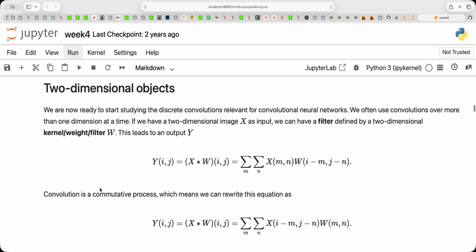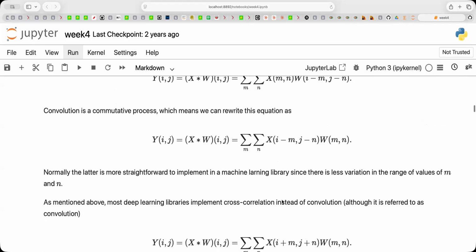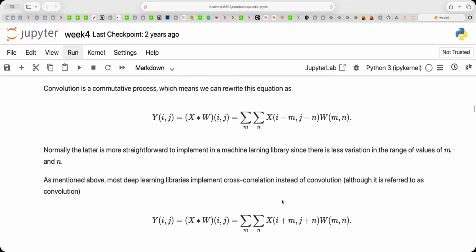You can also, since it's a commutative process, which you saw from the beginning when we looked at this multiplication of polynomials, it doesn't matter when I do polynomial x times polynomial w or polynomial w times x, I should get the same result. So typically what you end up with is an operation which looks like this, where you obviously want to define these operations so that you have as little waste of CPU cycles as possible.